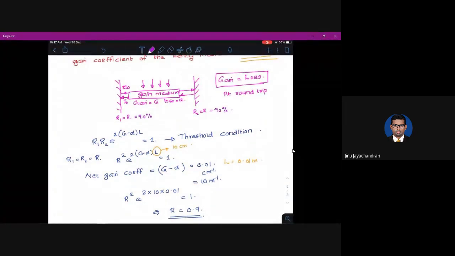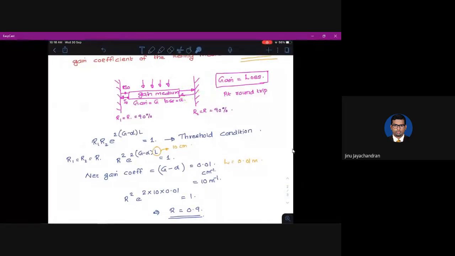If I0 has, let's say, 100 photons incident on the mirror on the left side, then out of 100, 10 photons will go out and only the rest will come inside. Similarly, on the right hand side, since you have 90% reflectivity, if you incident 100 photons on this mirror, 10 photons will come out and only 90 photons will go in.